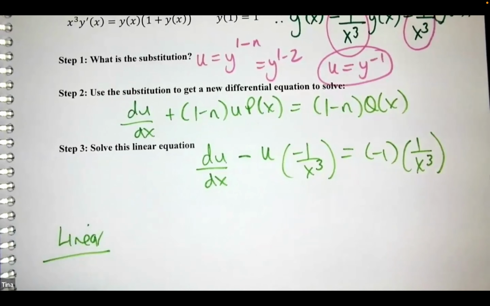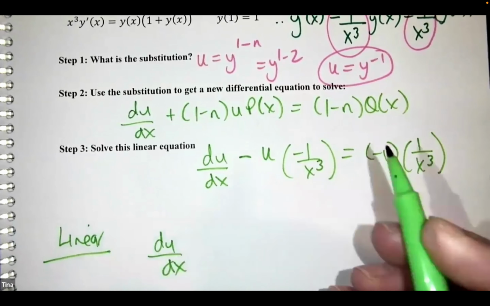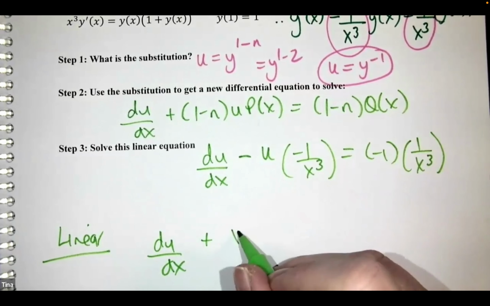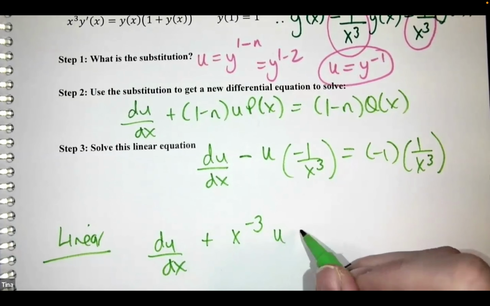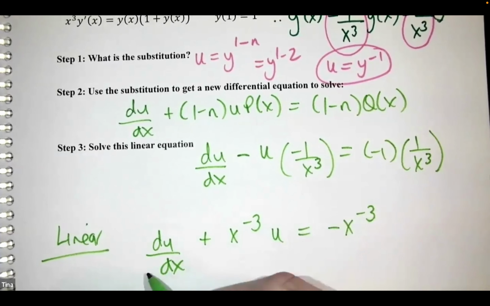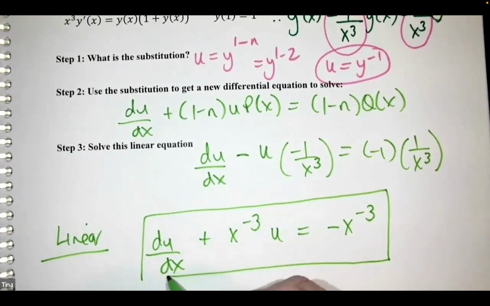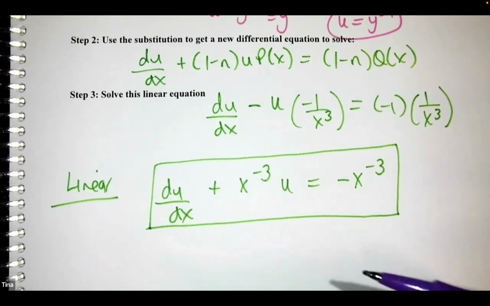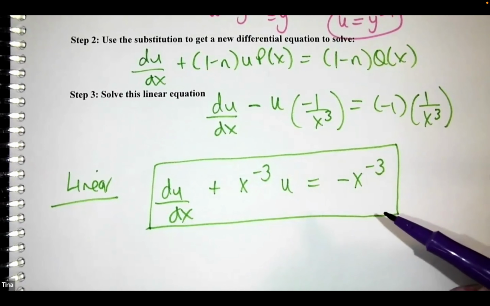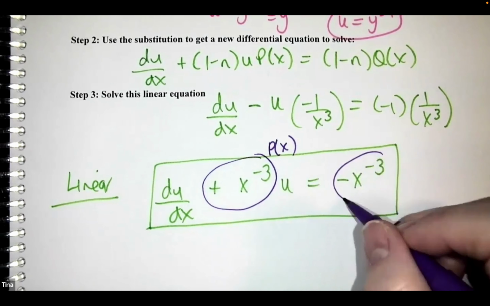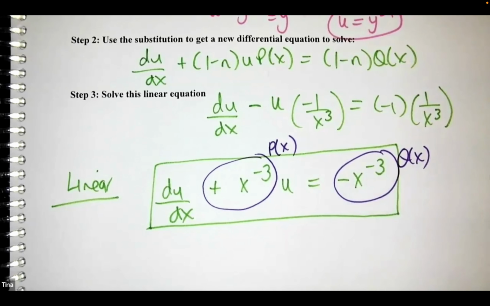So my linear equation is going to be du by dx plus x to the negative 3 times u equals negative x to the negative 3. So that's the linear equation. And here, we can say that's my p of x, and that's my q of x.